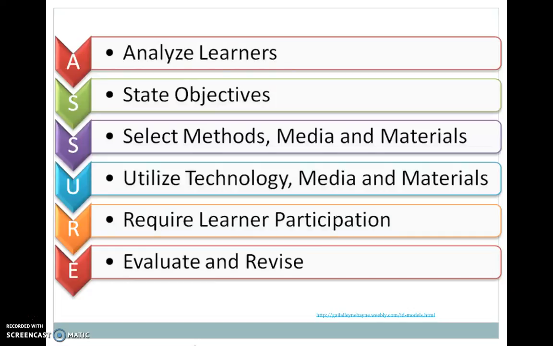As you can see on the screen, those steps are A, analyze learners, S, state objectives, S, select methods, media, and materials, U, utilize technology, media, and materials, R, require learner participation, and E, evaluate and revise. Now that you know the steps of the model, we're going to break each of those steps down.